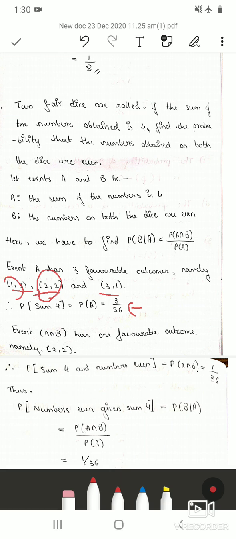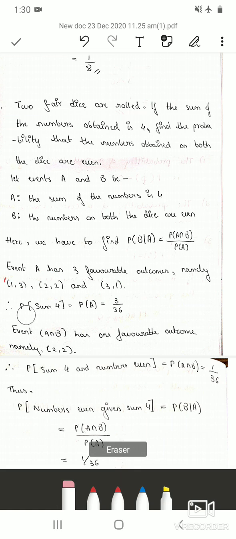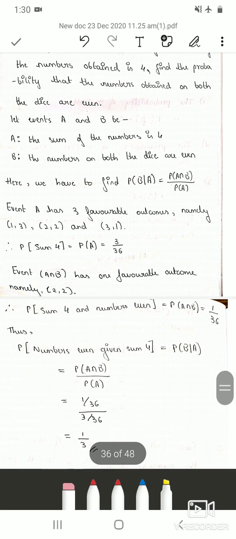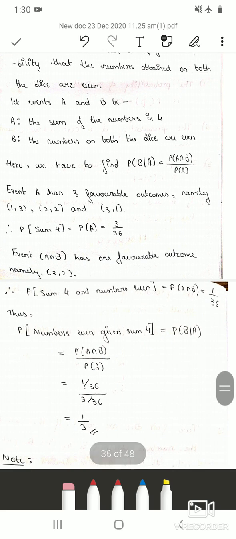In the others, these 2 numbers are odd. Therefore, A intersection B has one favorable outcome, which is (2, 2). So the probability of sum 4 and numbers are even, which is probability of A intersection B, is 1 by 36, that is number of favorable outcomes divided by total number of outcomes.